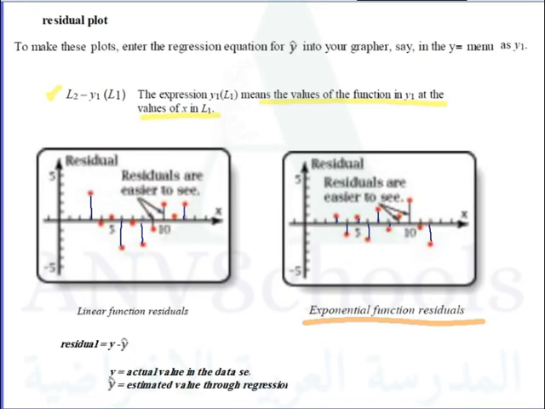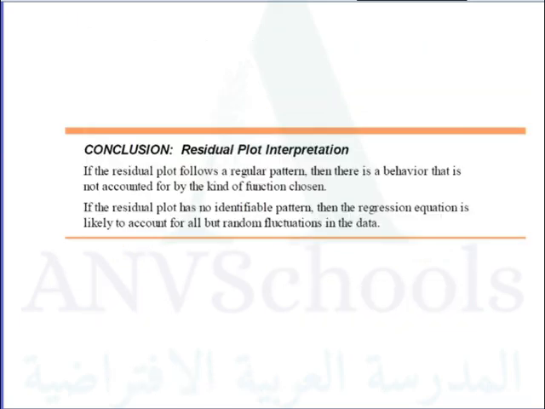In here, do we have a regular pattern? Okay, in here, do we have a regular pattern? That's the question. And you can see that the residual patterns here are much higher than in here, right?